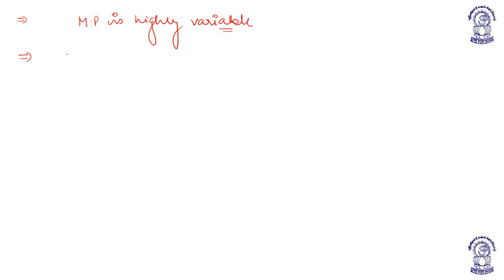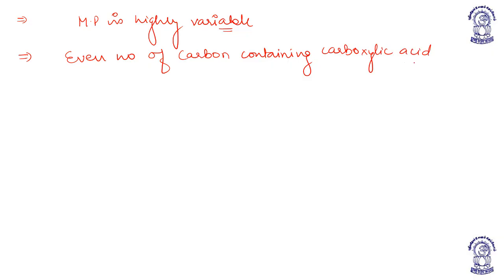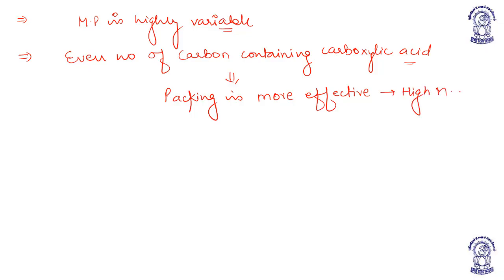If there is a carboxylic acid of even number of carbons, the packing is strong, the lattice is strong, and that is why the melting point is high in comparison to carboxylic acids containing an odd number of carbons.